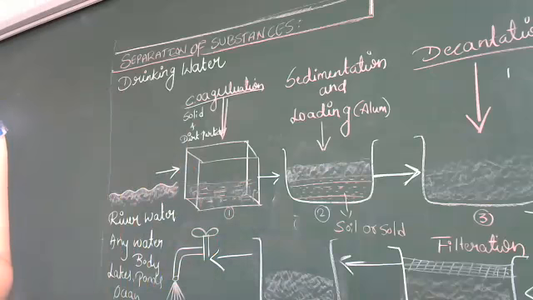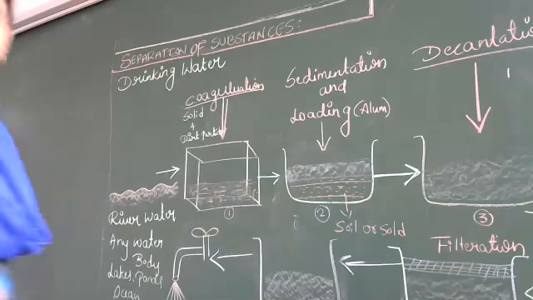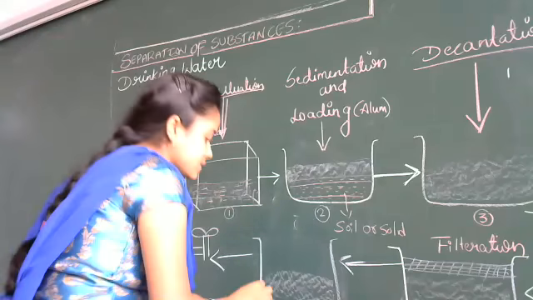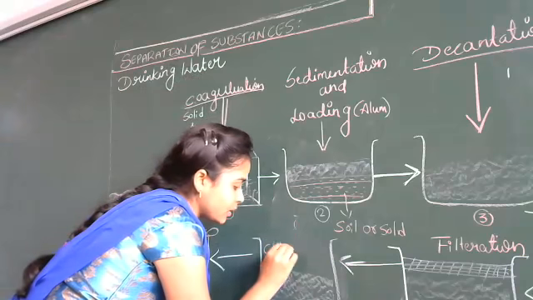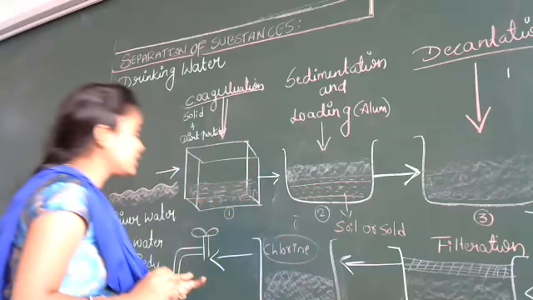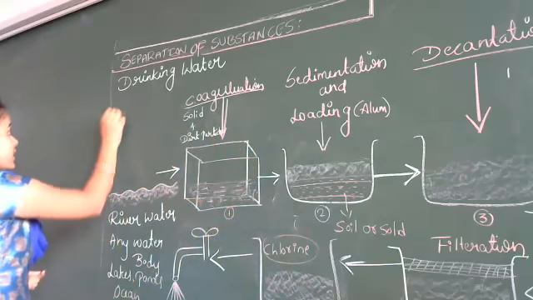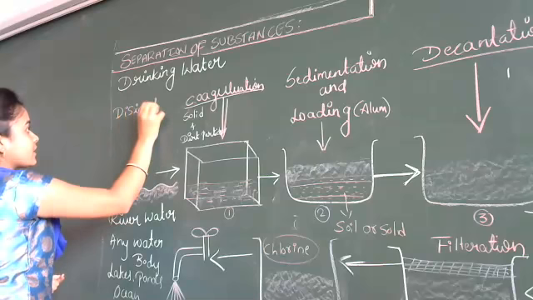Finally, this water is purified by adding chlorine. Chlorine is called a disinfectant. What is it called? Disinfectant.